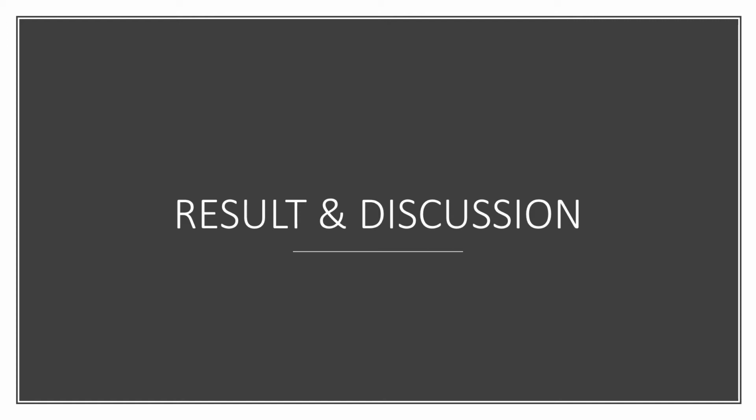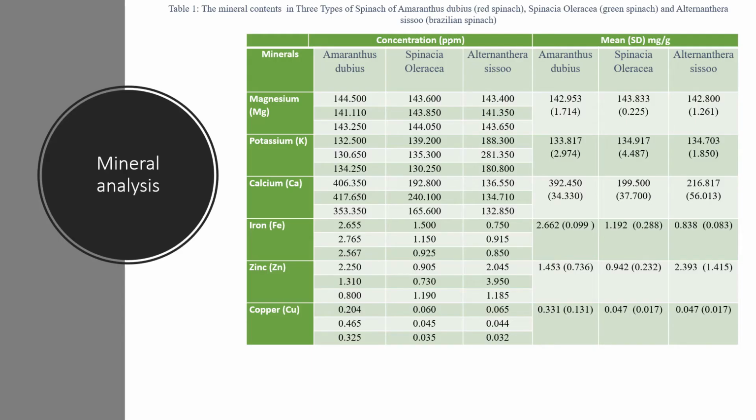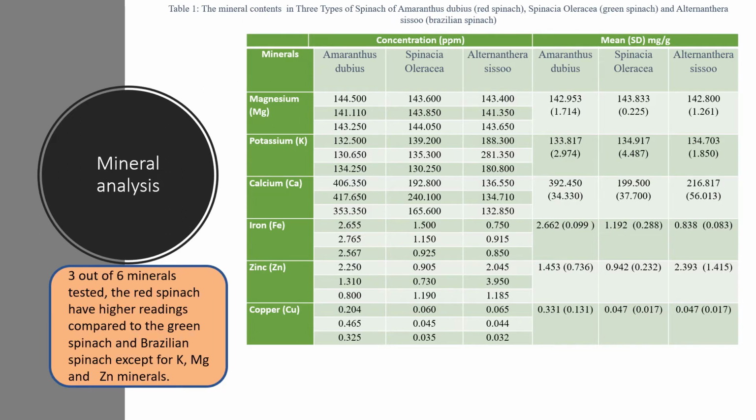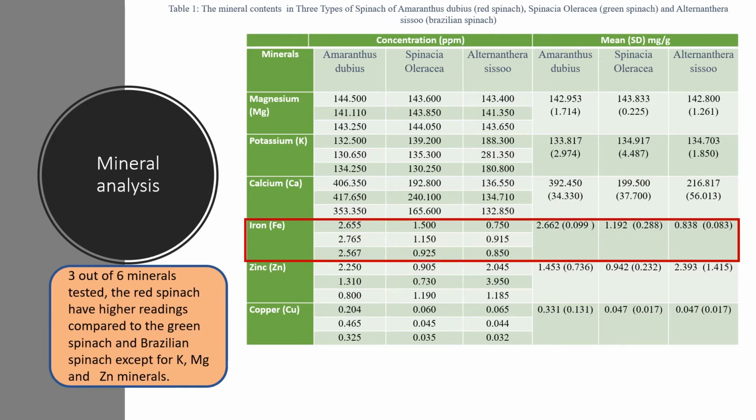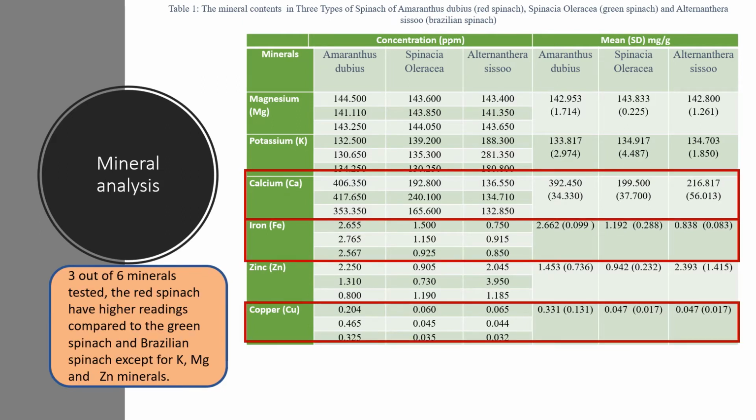Now we move to the findings of this study. For mineral analysis, it was found that red spinach recorded the highest content of calcium, iron, and copper, while green spinach is higher in magnesium and potassium content.